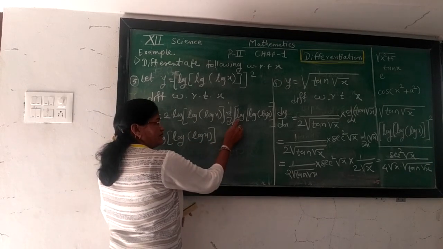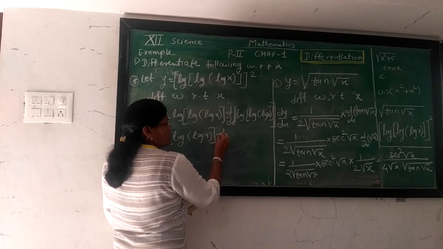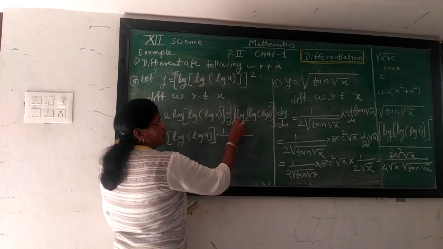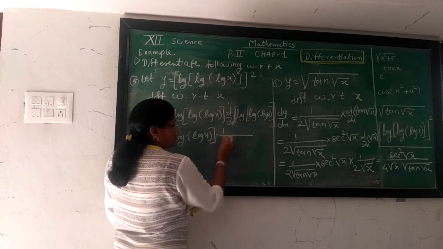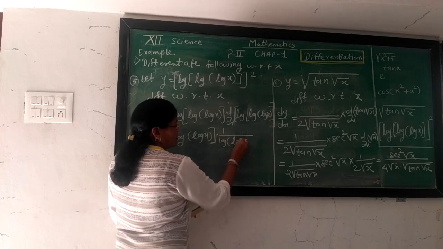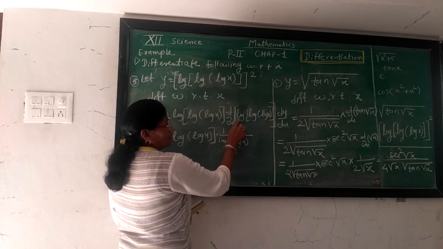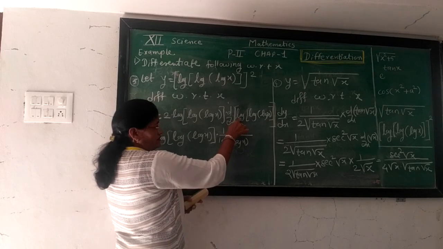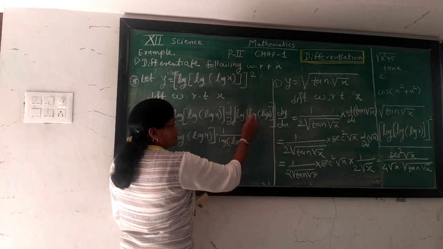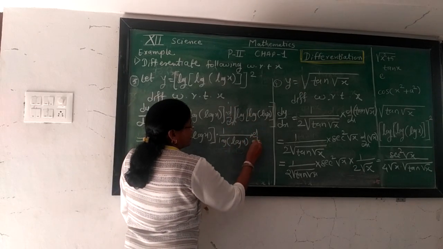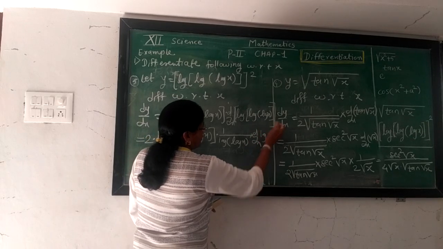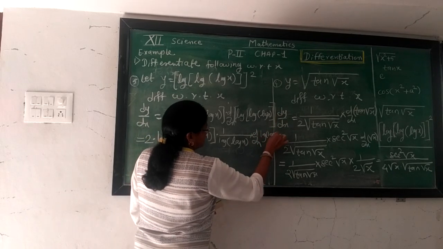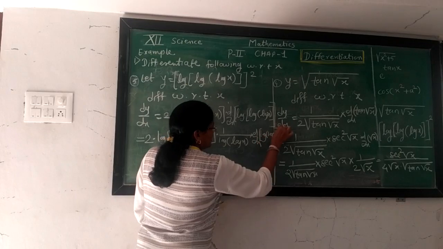So we find the direct derivative of this log. The derivative of log is 1 upon the argument of this log. The argument of this log is x. Now the derivative of the first log is over here. Now next, for the second log, multiply d by dx of log x.